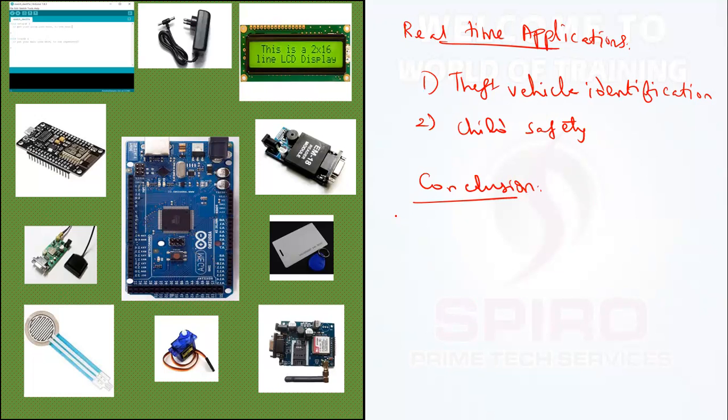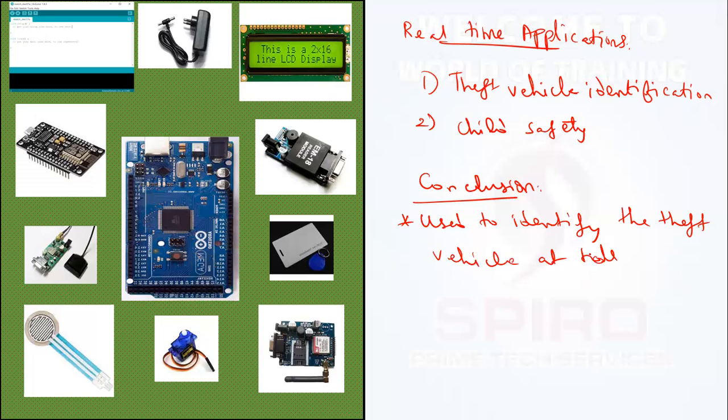This proposed method is used to identify theft vehicle at toll gate, and that information is sent to the owner of the vehicle. Thank you.